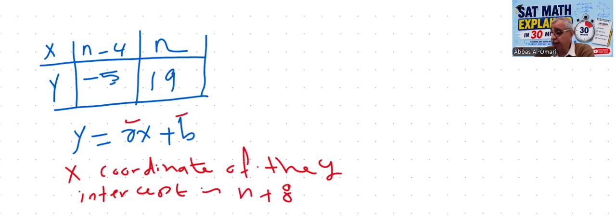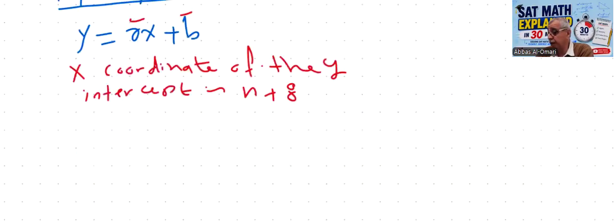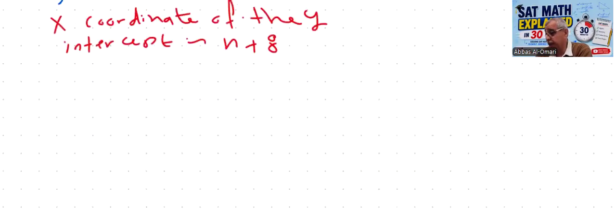For any straight line or any function, the x-coordinate of the y-intercept is 0, and the y-coordinate of the x-intercept is 0.